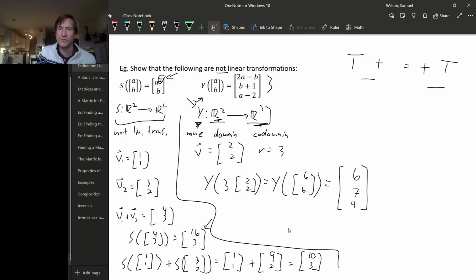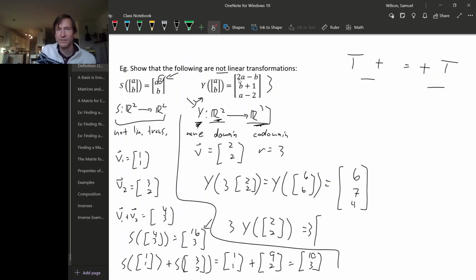Okay, fair enough. Now what do we get if we do the scalar multiplication after the transformation instead of before the transformation? So we're going to do 3 times Y of 2, 2.